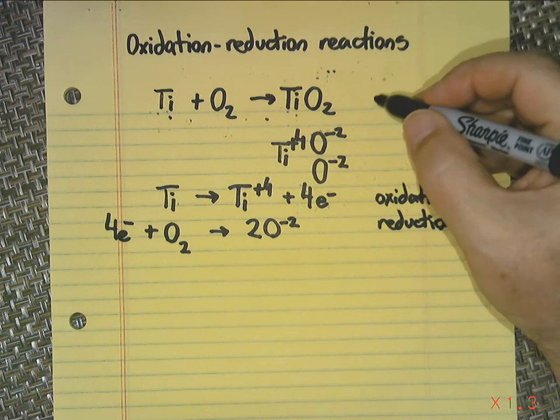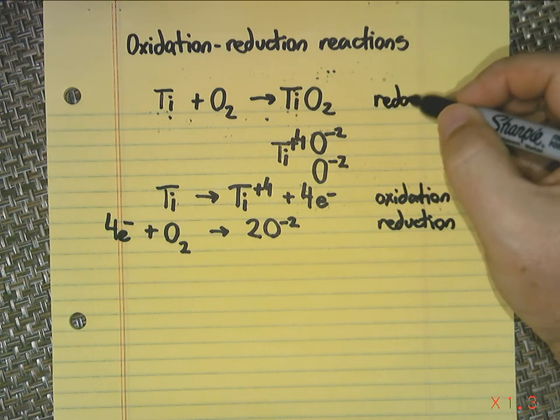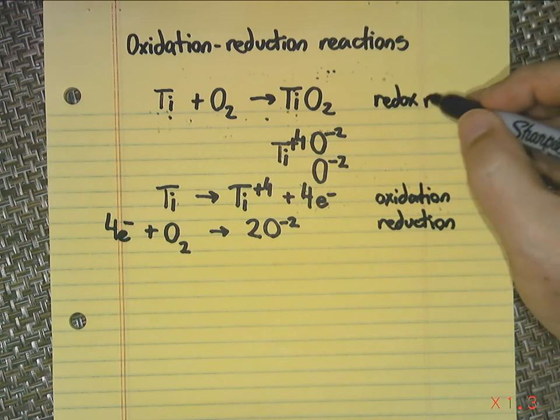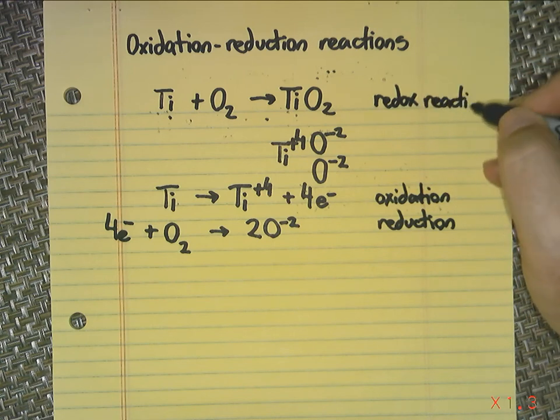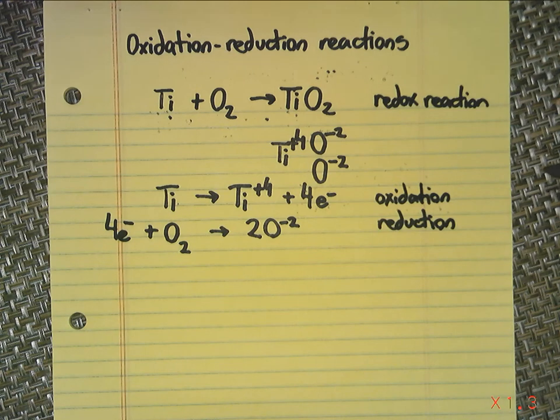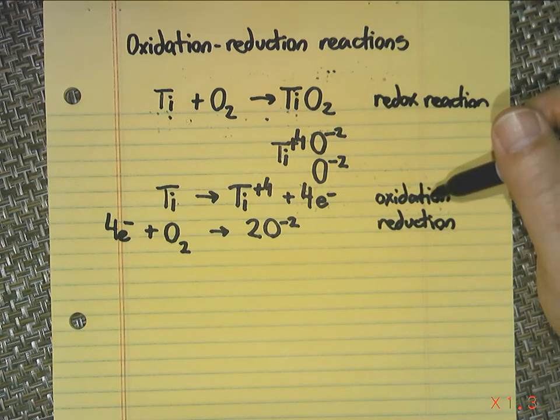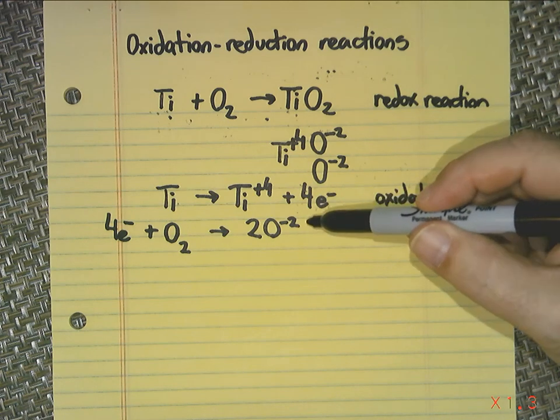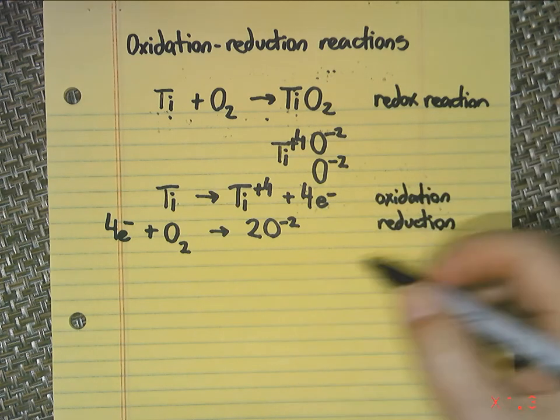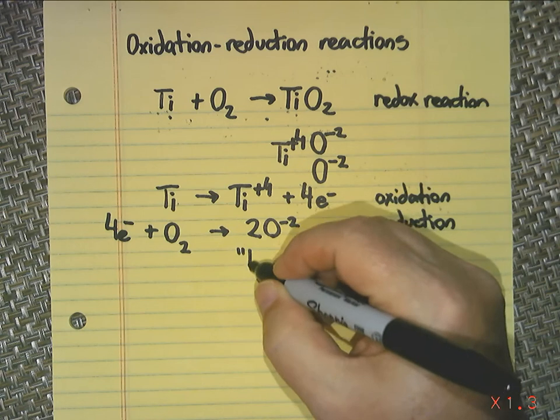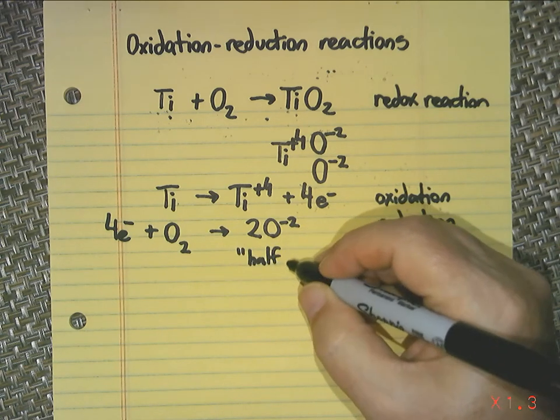This is sometimes called a redox reaction. So a little vocabulary there. Now, how can you keep these two straight so that if you saw these two half reactions, we call them half reactions because they're not the whole story.